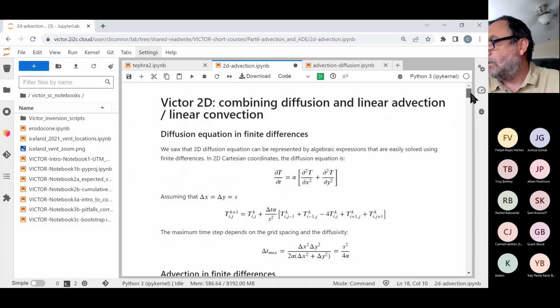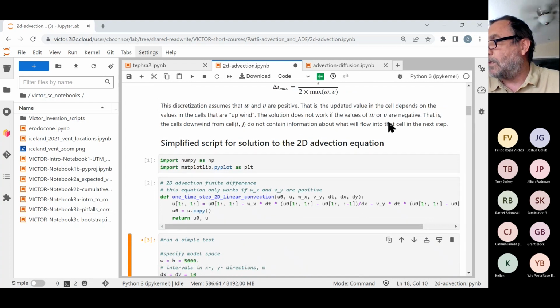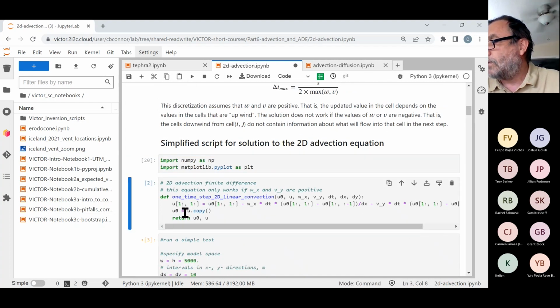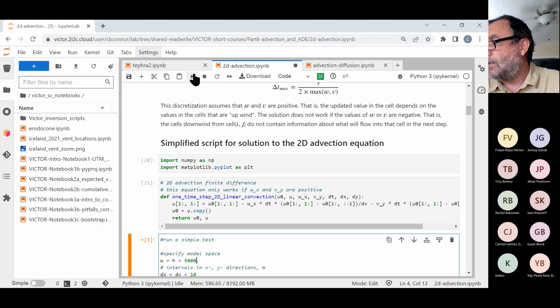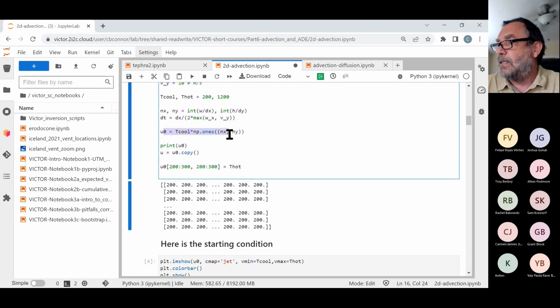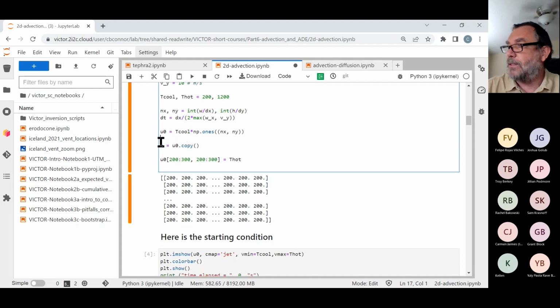Sorry, I better run this. And I better run that, and I better run that. Okay, I'm going to run that. You can see I print out my values of 200 everywhere, right? So that makes sense. So I've built this rectangular grid, in this case a square, where all the values are 200.